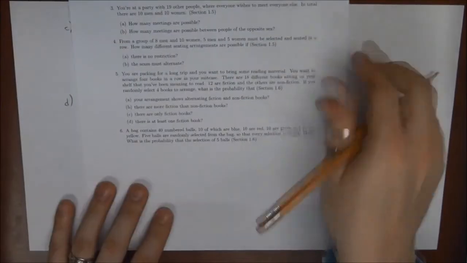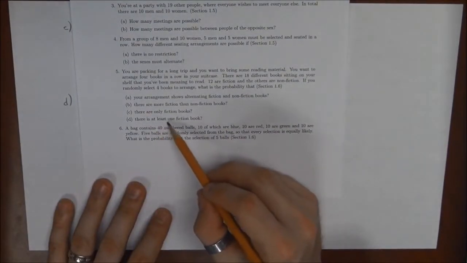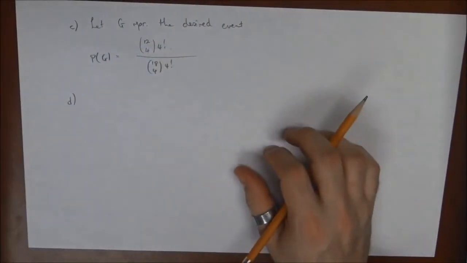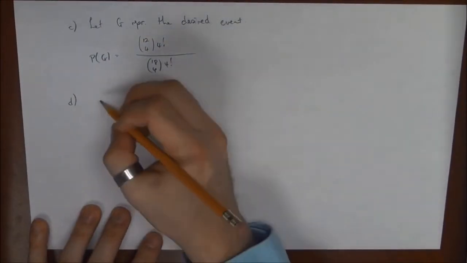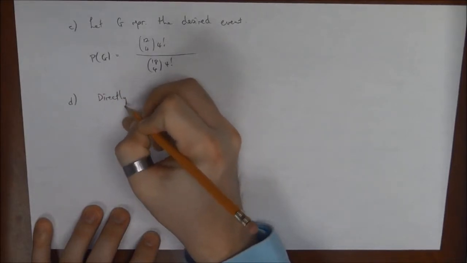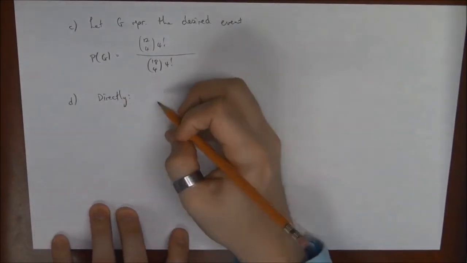D is at least 1 fiction book. So you can decide, do you want to do it directly or do you want to do it indirectly? Let's do both, because we're trying to practice.